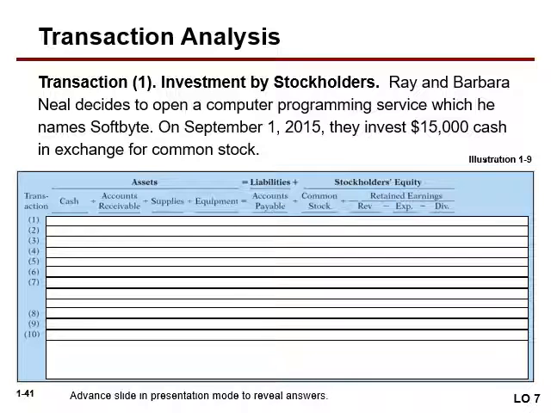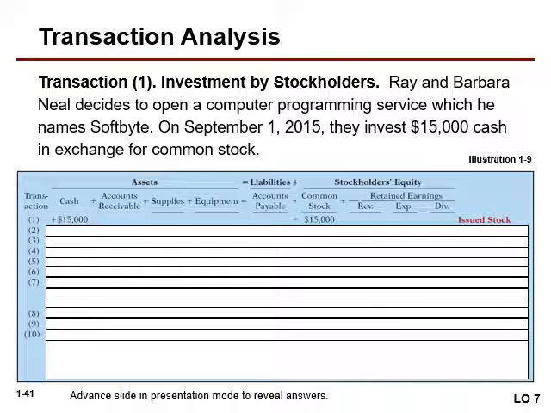We can see now transaction number 1, investment by stockholders. Ray and Barbara Neal decide to open a computer programming service which they name SoftBite on September 1, 2015. They invest 15,000 cash in exchange for common stock.